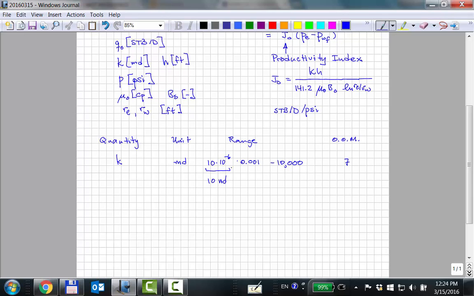So if we look at this, it's now 10 to the minus 5 to 10 to the 4th. So that's actually 9 orders of magnitude variation. And these are all wells that are going to make us money. It's going to pay for the well and plus some. Any questions about that?